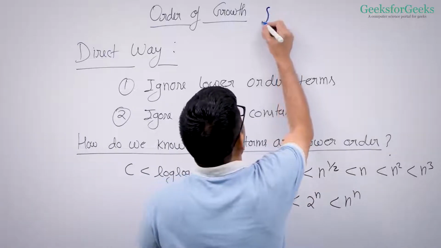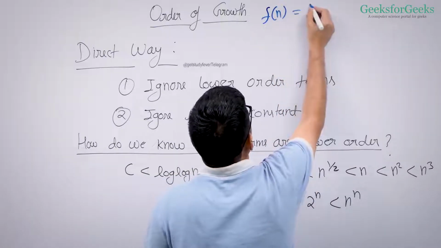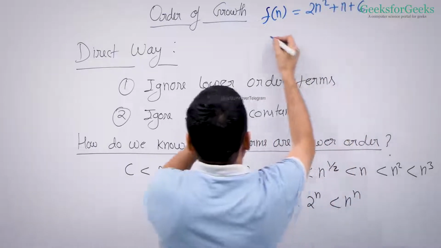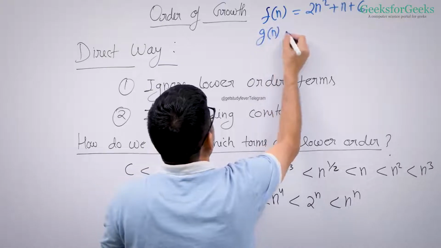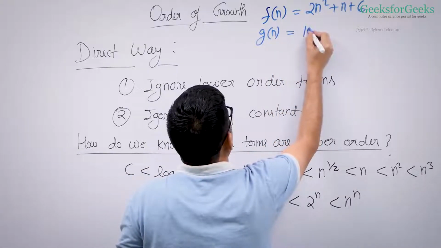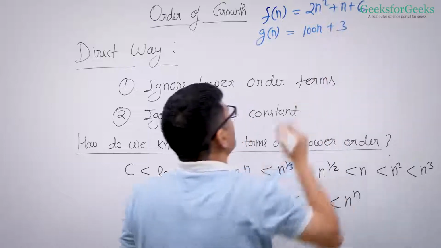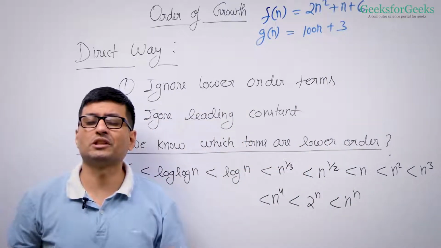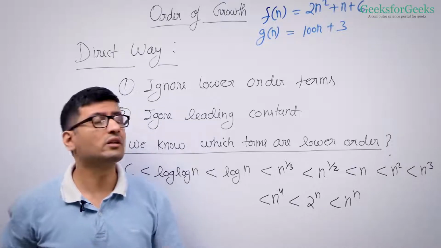Say I have a function Fn whose value is 2n square plus n plus 6, and I have another function Gn whose value is 100n plus 3. Now how do you decide which one is better or which one is faster growing?